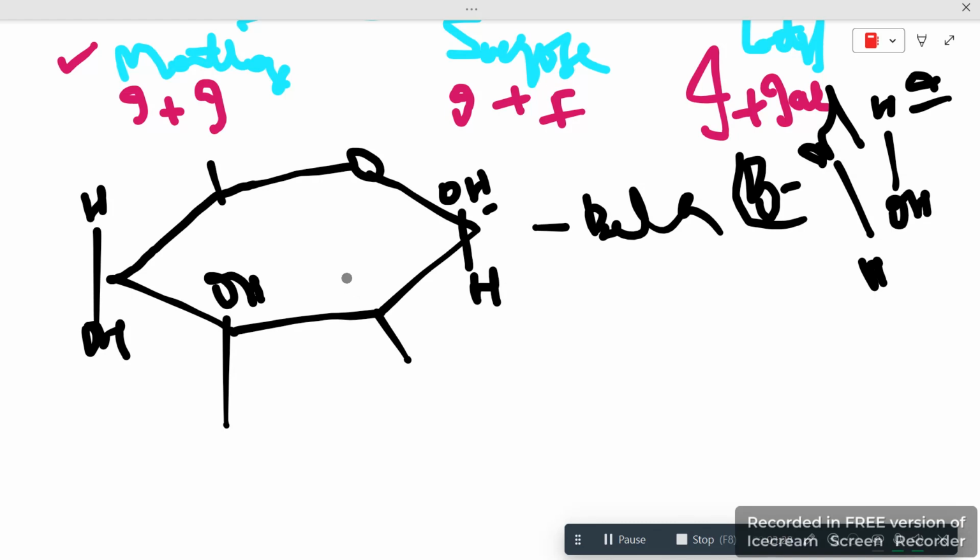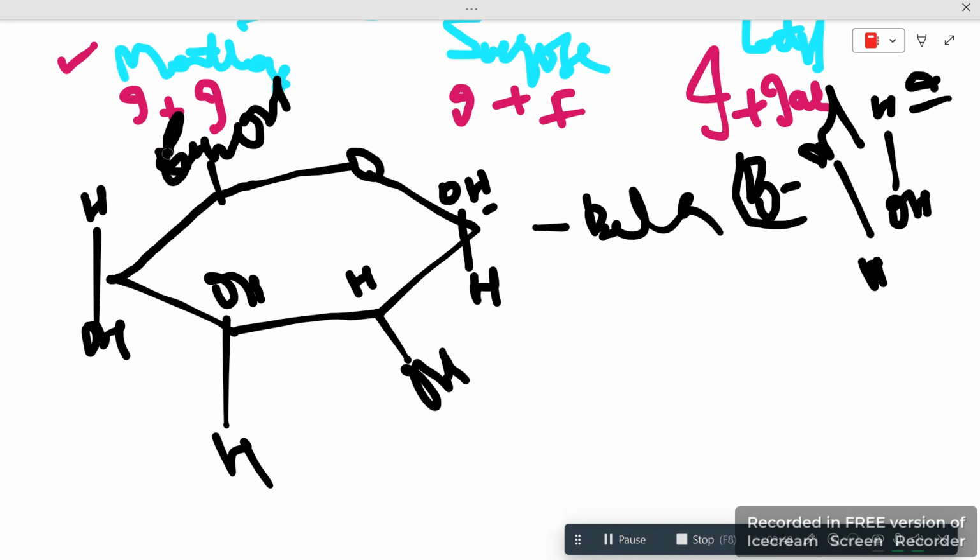So here you'll also find H. On the third carbon, we're supposed to add OH on the upper side. Otherwise it would be the same, but this is the beta case. On the last carbon, you'll find CH2OH. Okay, this is the concept.